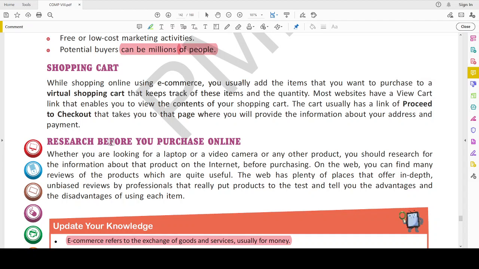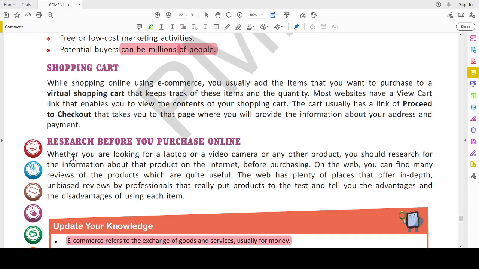They can see the details of the item, do the research about the item, see what the other people who have used the item are telling, what are the feedbacks, what are the reviews about the item, and then they can decide whether to buy the item or not. Right? So research before you purchase online. You can do research before you purchase online, which is not always available in a physical shopping mode.